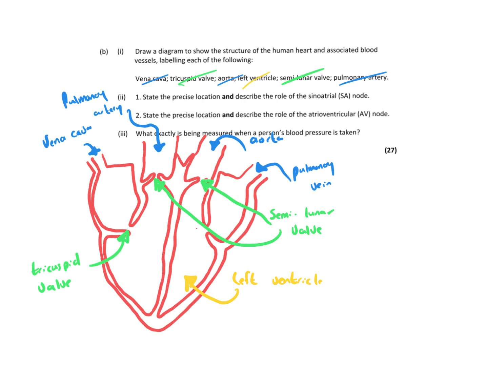State the precise location and describe the role of the SA node. So the SA node is located up here in the right atrium. So I'm just going to write notes on that down here at the side. So SA node found in the right atrium. I'll just write SA node in there as well.